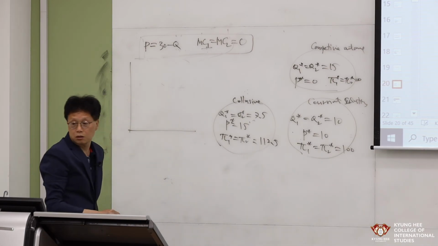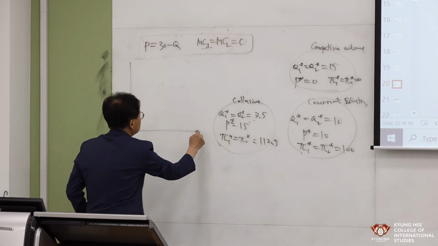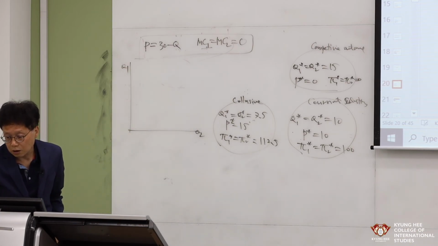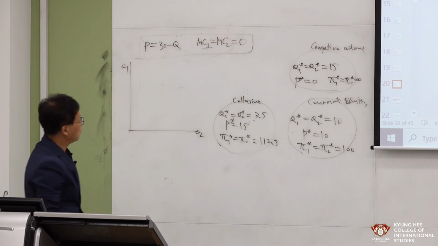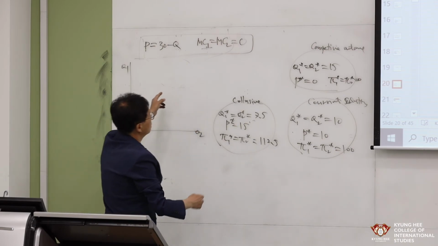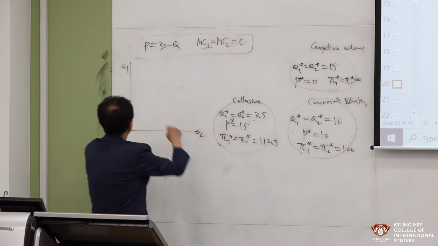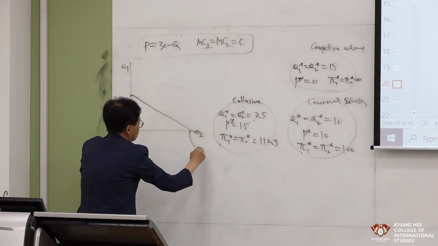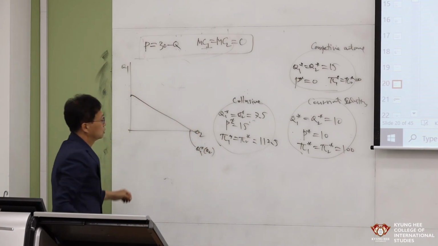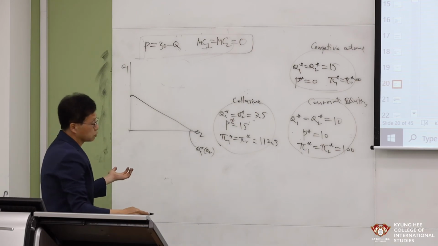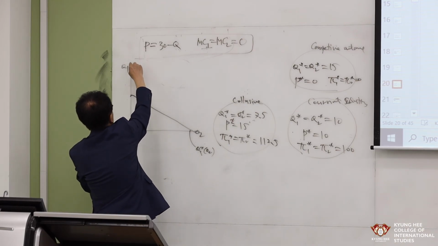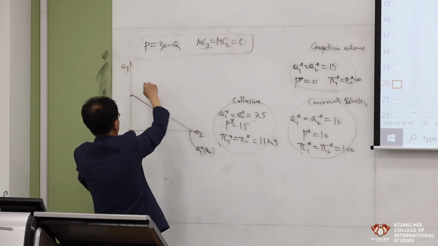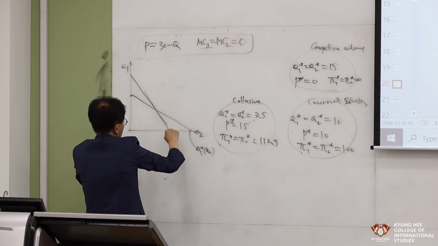Write this. Right? That is Q2. That is Q1. The reaction curve for Q1, firm 1's reaction curve, right? In the Cournot equilibrium, firm 1's reaction curve is shaped like this. That is Q1 star as a function of Q2, right? Firm 2's reaction curve is, for example, like this.